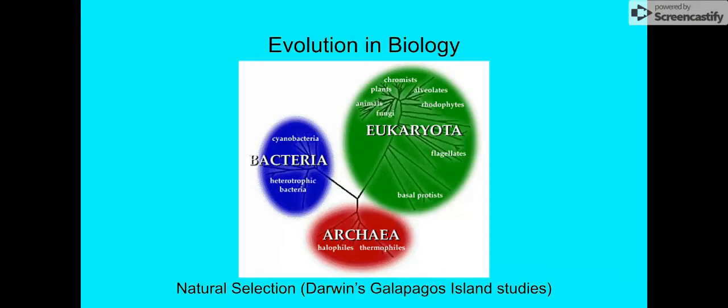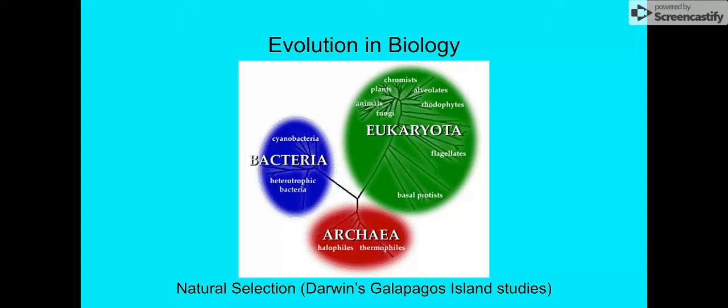Evolution accounts for the unity and diversity of life. After evolving from a common ancestor, organisms can be classified into three main domains: eukarya, bacteria, and archaea. These changes that caused all these different species are because of Darwin's proposed natural selection.